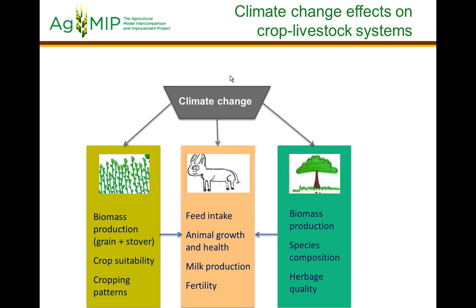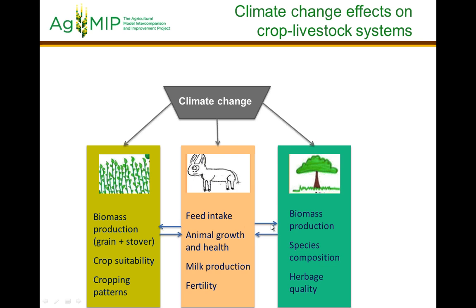For example, as temperatures rise, animals might experience heat stress, and that might have an impact on things like feed intake, animal growth and health, and also milk production and fertility levels. So we have both the direct effect and then, very importantly, also these indirect effects through the feed.